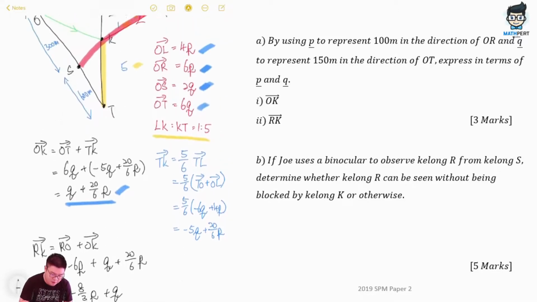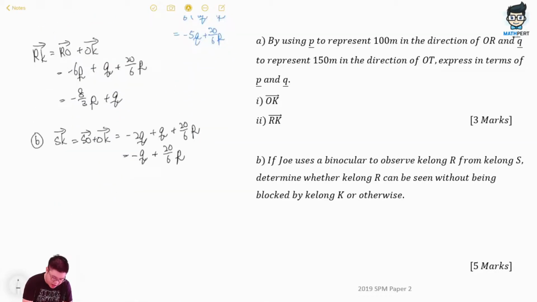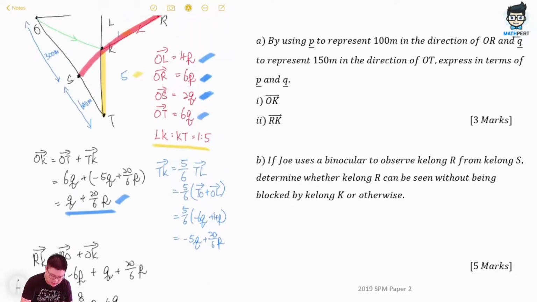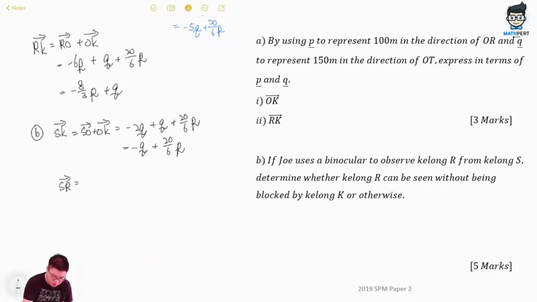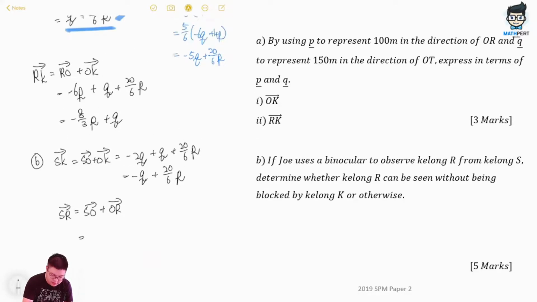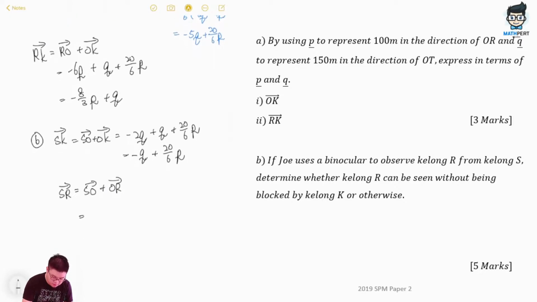And then let's look for SR now, alright? So SR is equal to what? SO plus OR. SO is, OS is 2Q. SO will be minus 2Q.